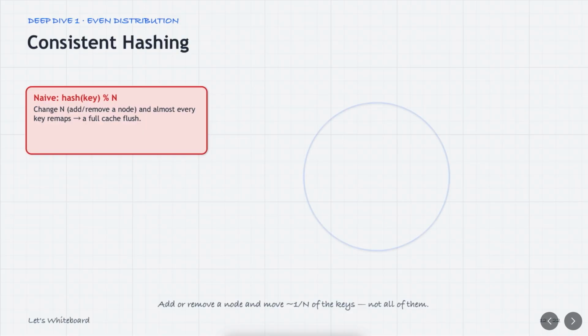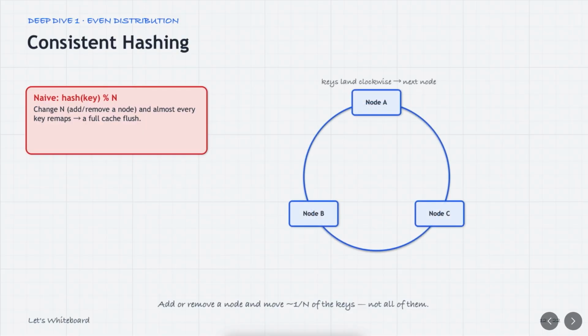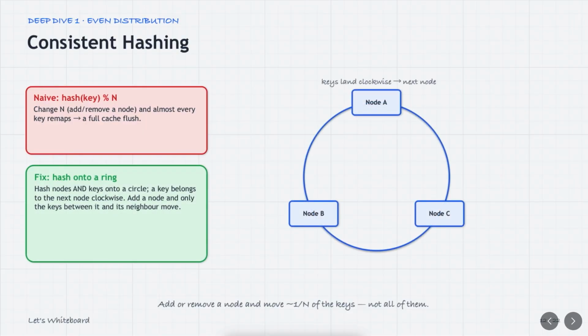How can we use multiple nodes in a cache cluster? One of the most effective ways to deal with multiple nodes, in a case where we have applied sharding over a range, is consistent hashing.